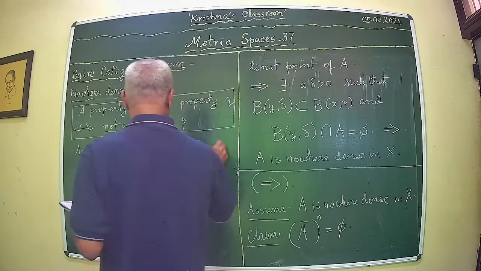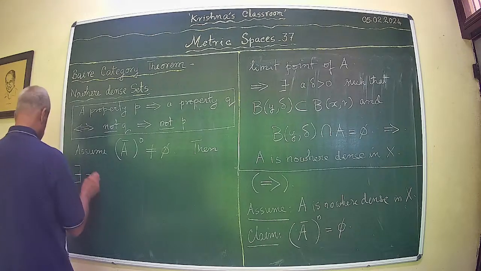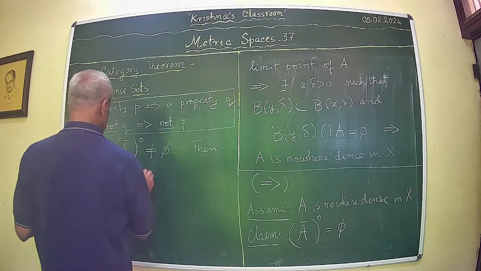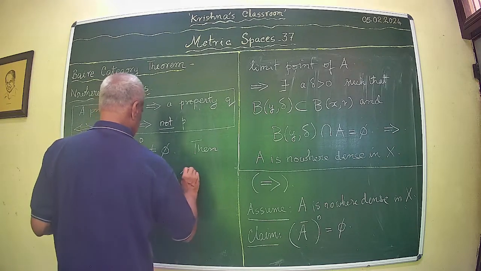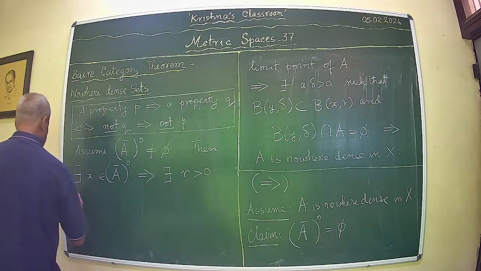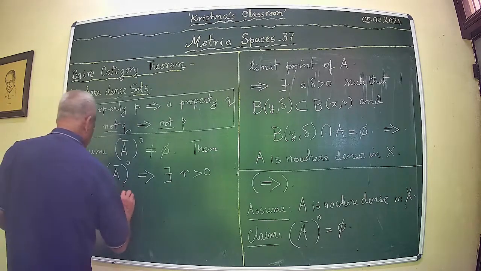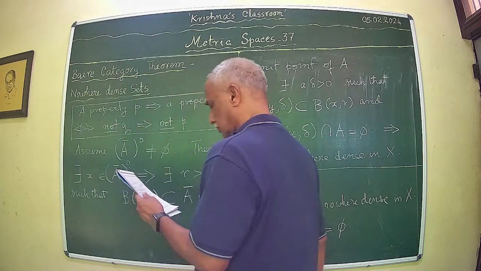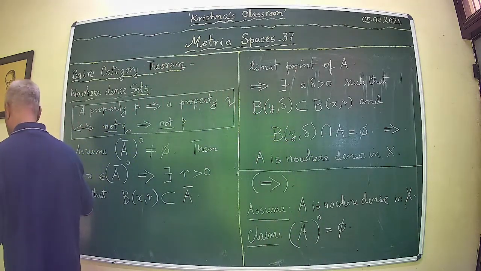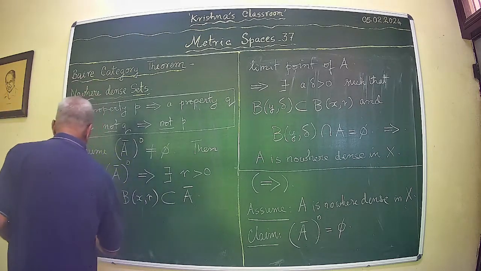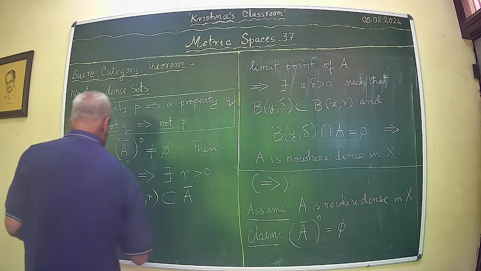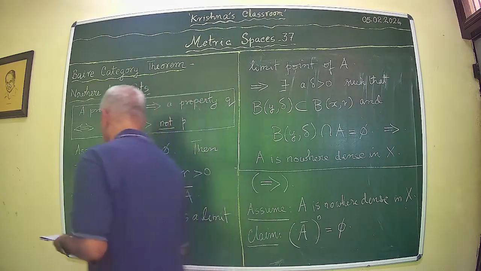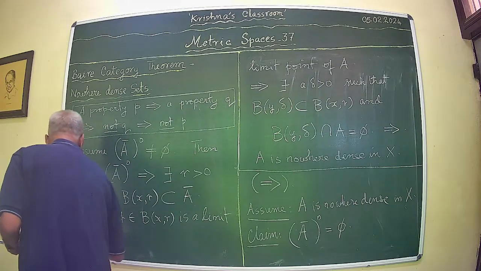Then there exists x belonging to the interior, which implies there exists r positive such that B(x,r) is contained in A closure, which implies every y belonging to it is a limit point of A.